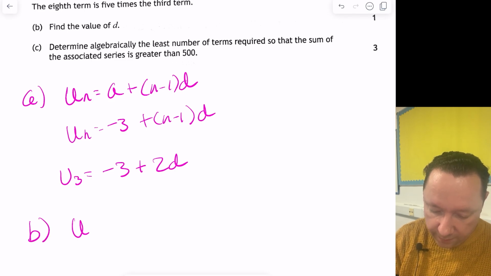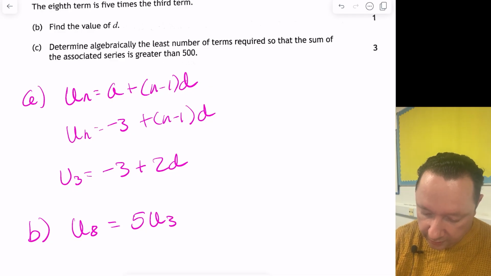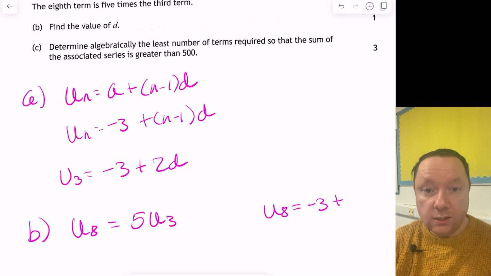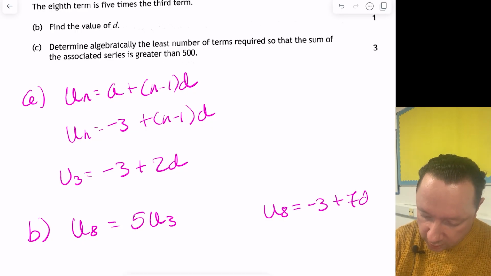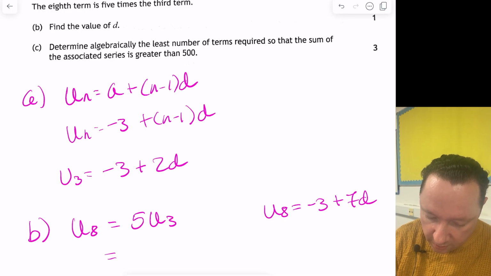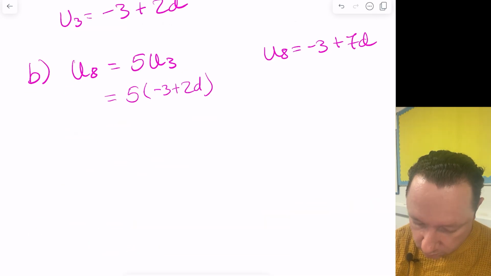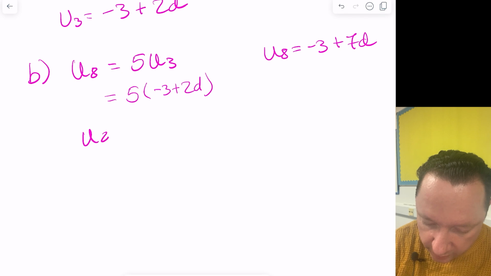Part B says the 8th term is 5 times the third term. So u8 equals 5 u3. But we can also write an expression for u8. u8 equals minus 3 plus n minus 1, 7d. So we've got one expression, but we could also use this one, 5 times minus 3 plus 2d. So expanding that out, u8 must equal minus 15 plus 10d.